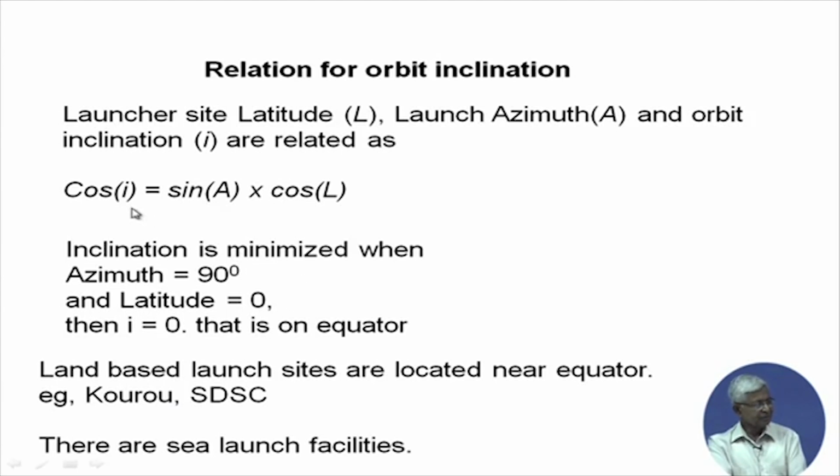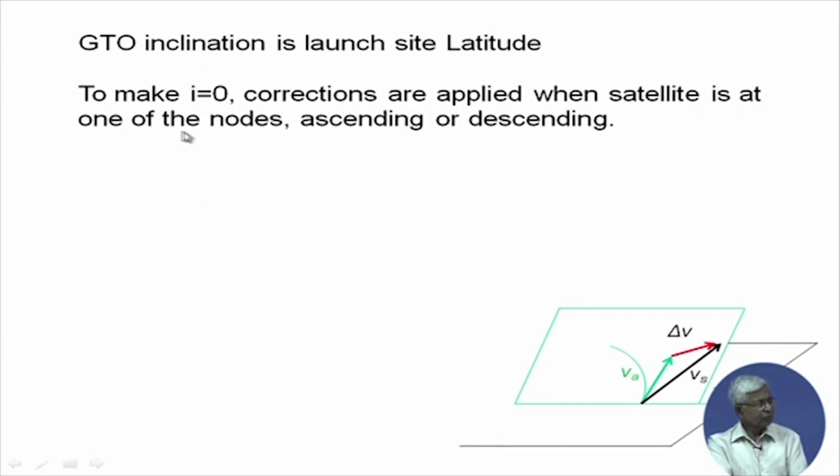So, there will be some inclination from those launch sites, and that is to be corrected to put the satellite into 0 inclination. People tried to put sea launch facilities also, available around the world. So, to make that I equal to 0, the correction has to be applied.